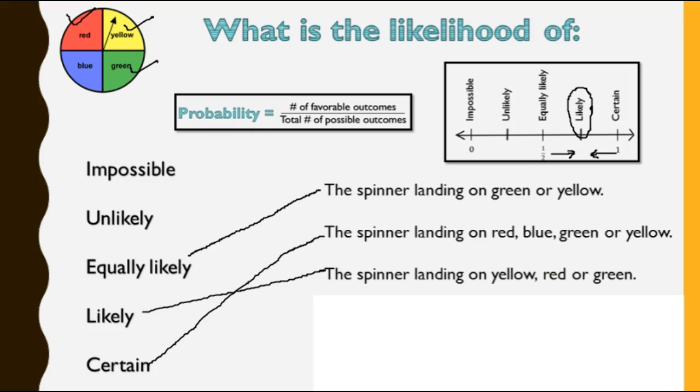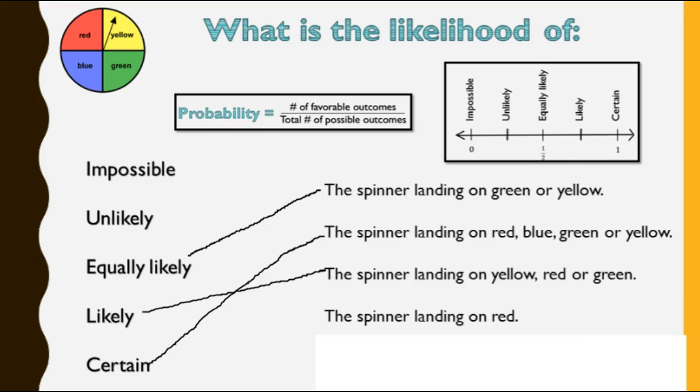Okay. Let's look at our next example. What's the likelihood that the spinner would land on red? Okay, we got 1 spot that's red. So 1 favorable outcome and 4 total colors.